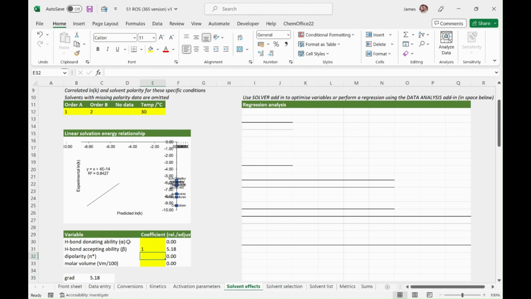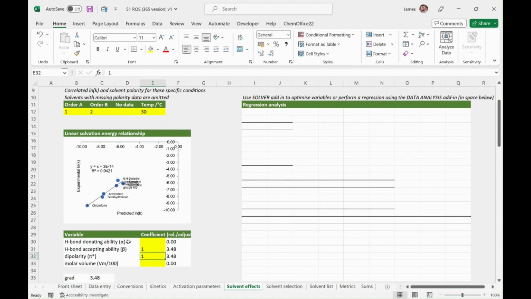If we try hydrogen bond accepting ability, a much better correlation. So we're now getting to a point where we can predict the rate constant based on the polarity of the solvent, specifically the hydrogen bond accepting ability of the solvent. If we remove that and we try a correlation with dipolarity, we also get quite a decent correlation as well.